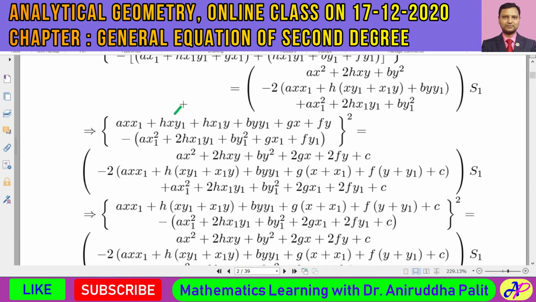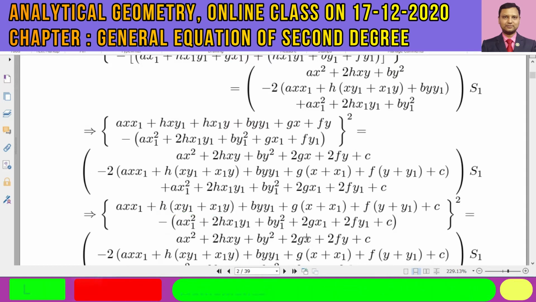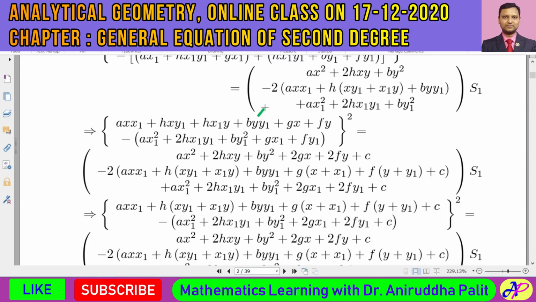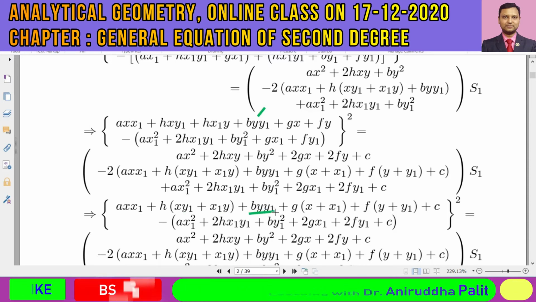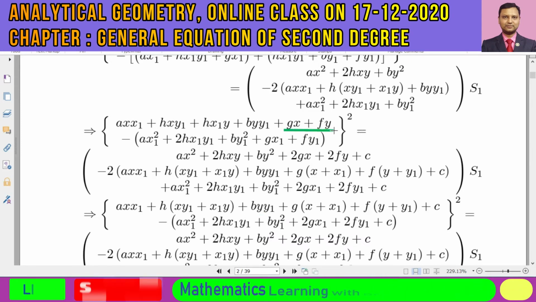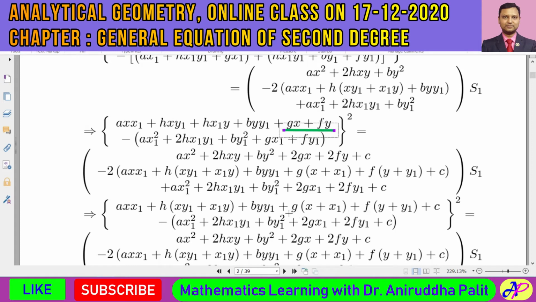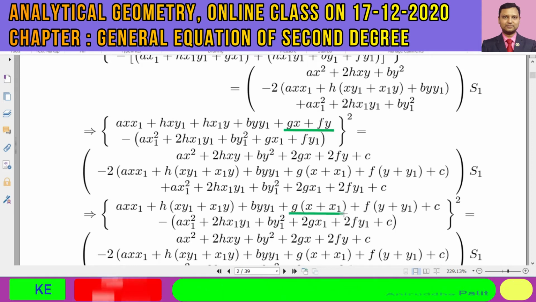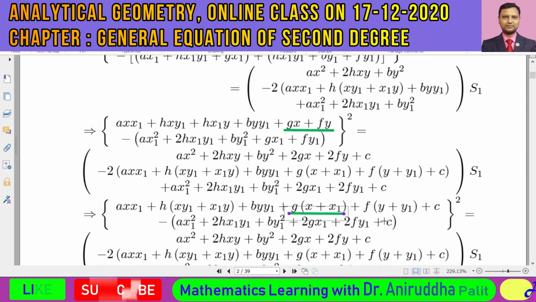Then h x y1 plus h x1 y, so we got this much term. Fine. Then b y y1 is there. Okay, fine, we got b y y1. But what do we have? We have a single g x and single f y, but we should have g x1. So we need a certain adjustment.